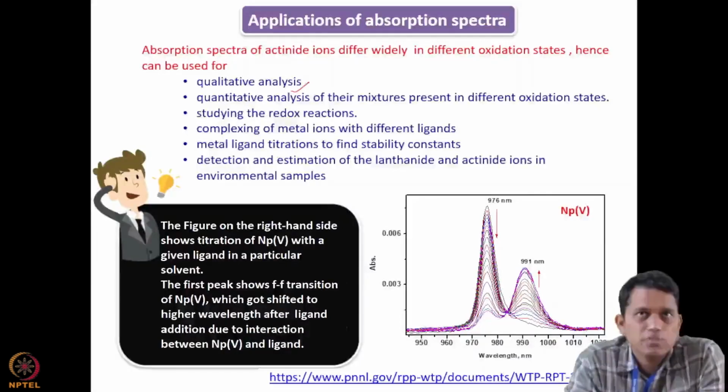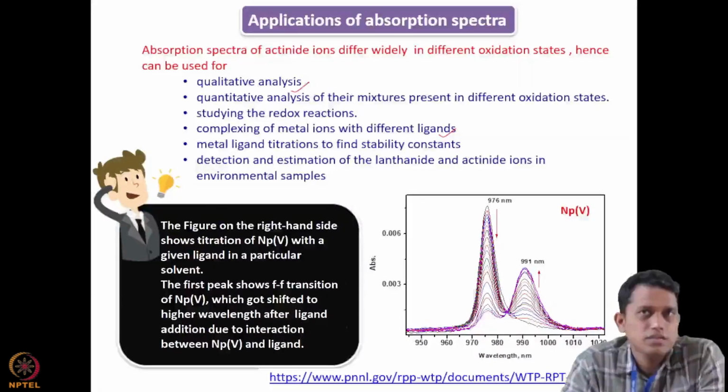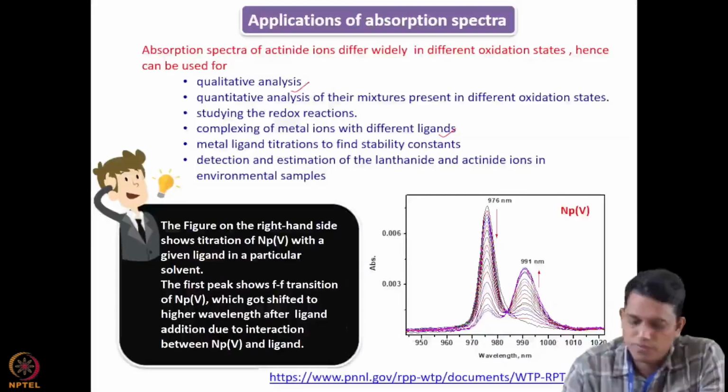I have given you some examples of redox reactions also, where I have shown that one can study the kinetics of the redox reaction using UV spectroscopy, and the complexation of metal ions using different ligands. As we've seen in the previous slides, once these ions make a complex with different ligands under a given set of conditions, their absorption spectra will change. Based on those changes, you can do a titration, as shown in the figure here.